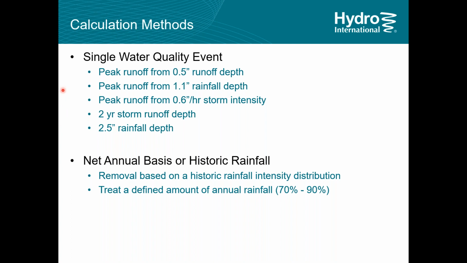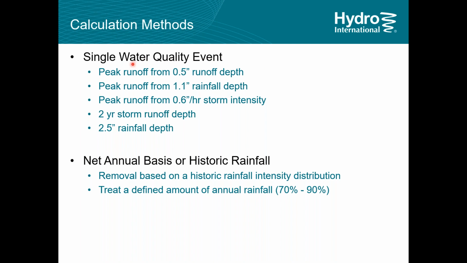There's a little bit of difference between the two, but generally that's what I find is the minimum requirement we see in many areas. And if someone was to ask me, I've got no regulation, I want to do something, then I would start by looking at your half inch runoff depth and consider that as a first flush.